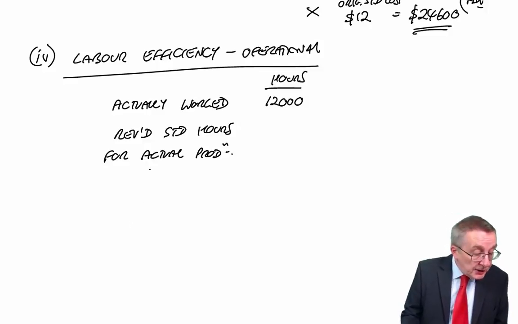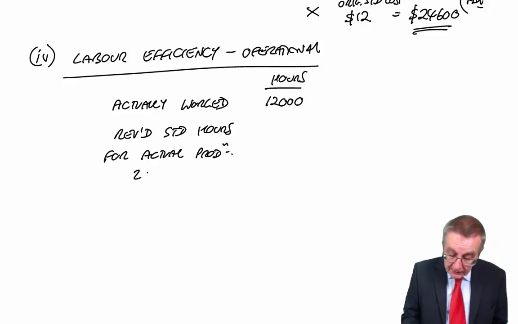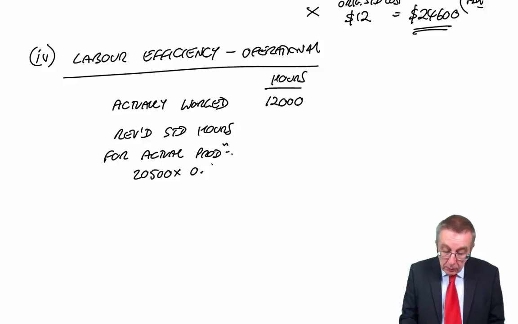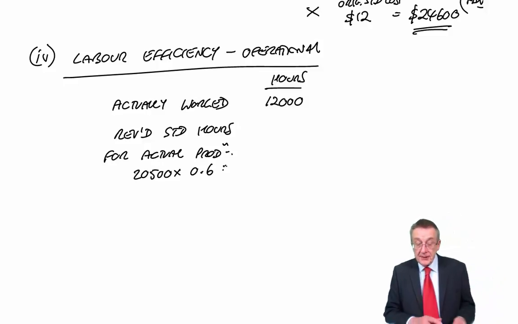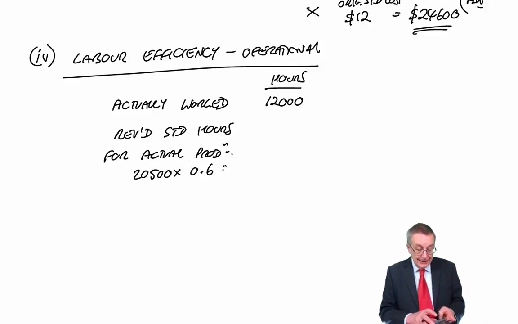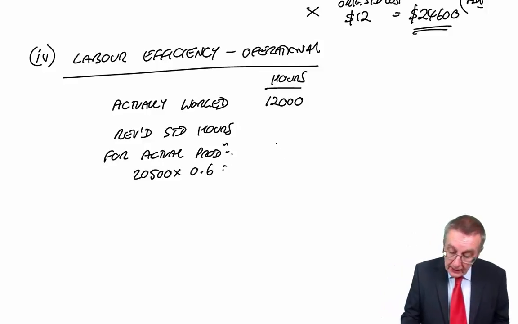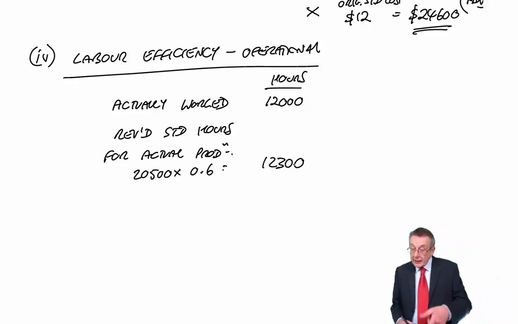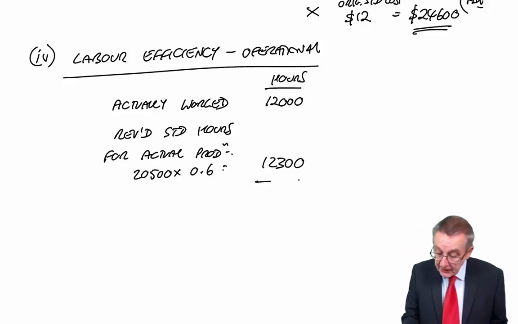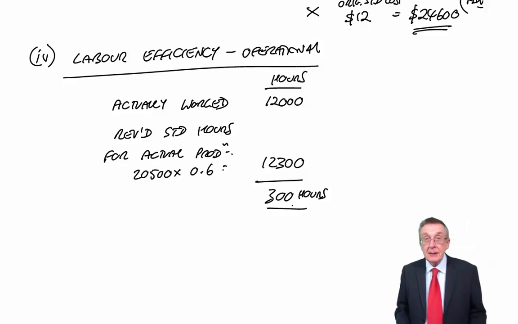The actual production, 20,500. The revised hours, each batch should take 0.6 hours. 12,300. And therefore, we actually worked faster than we now expected. 300 hours, we're going to have a favourable variance.